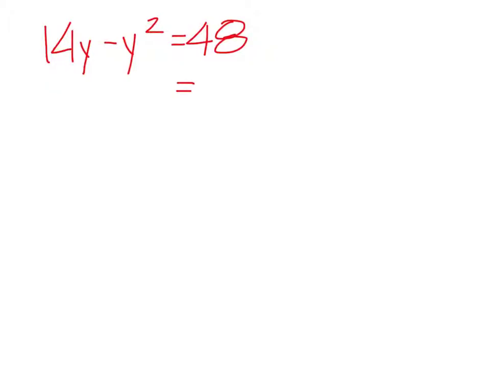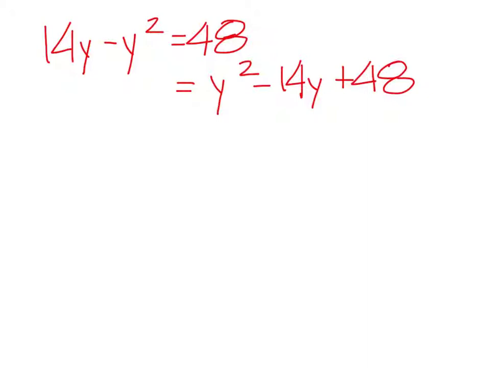So on the previous page we left off with 14y minus y squared equals 48. Like we did before, we can move everything to the right and have y squared minus 14y plus 48. You can use the quadratic formula, or you could try to factor it if you think that's possible.